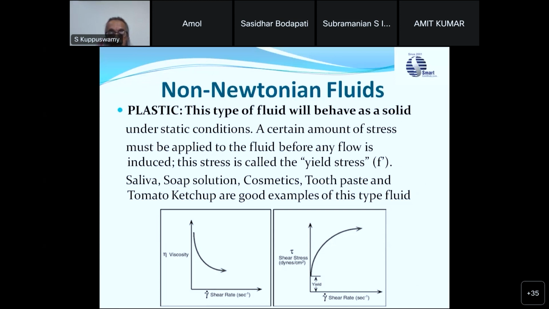So this is viscosity versus shear rate, it decreases, and shear stress versus shear rate, it increases. Is it clear? In the second graph, the yield indicated is the amount of pressure applied to squeeze the toothpaste from its tube.